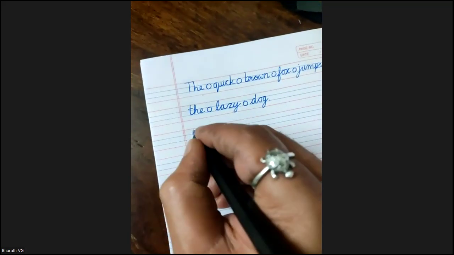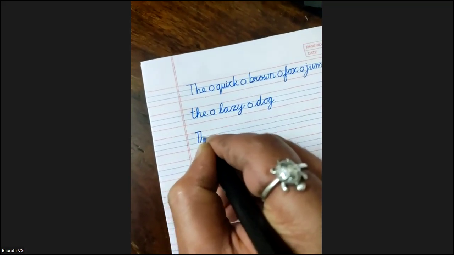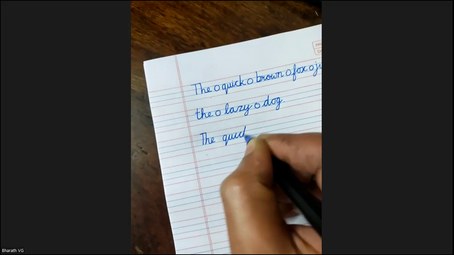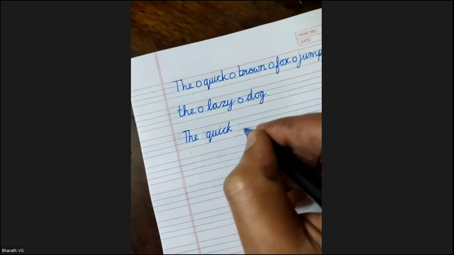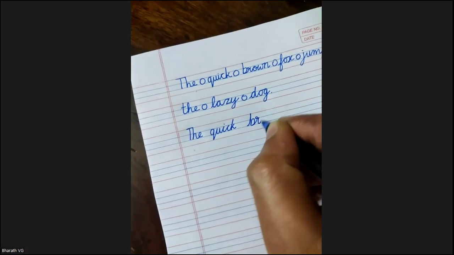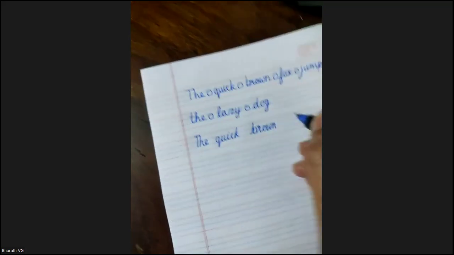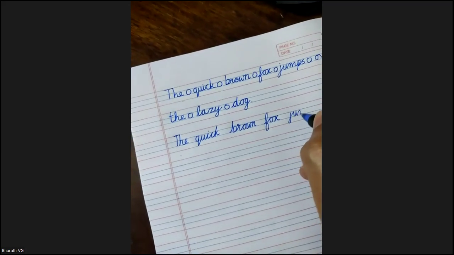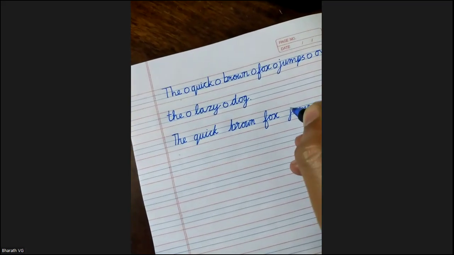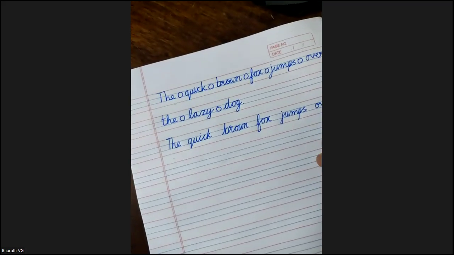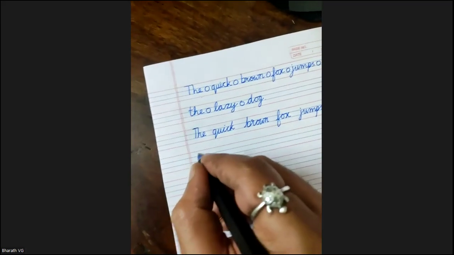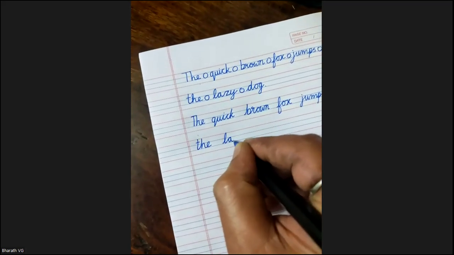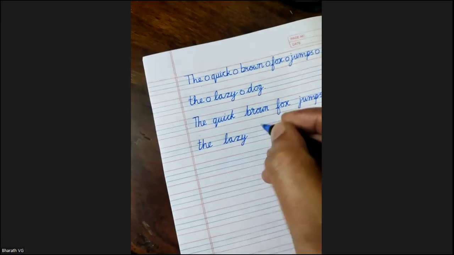You practice this regularly. The quick brown fox jumps over the lazy dog.